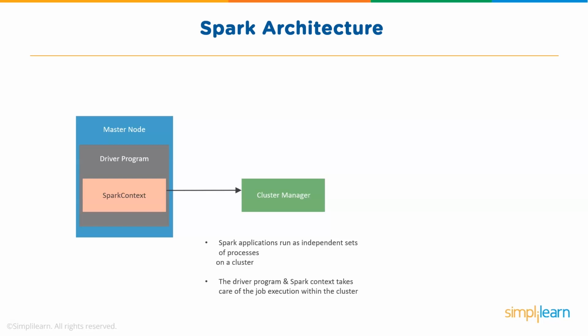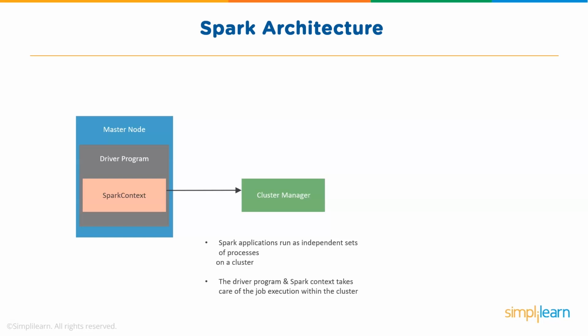In terms of YARN, your cluster manager is the resource manager. So your Spark application internally runs as a set of tasks and processes. Your driver program, wherever it is run, will have a Spark context, and the Spark context will take care of your application execution. How does it do it?